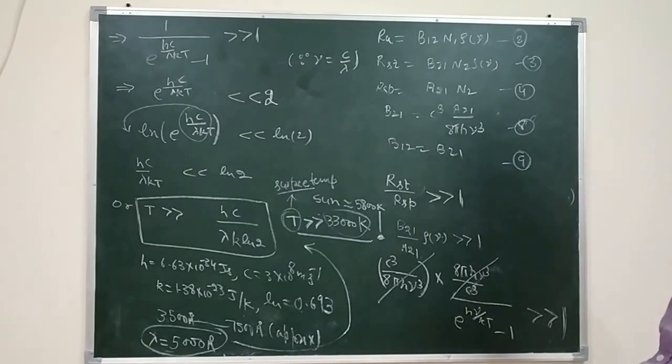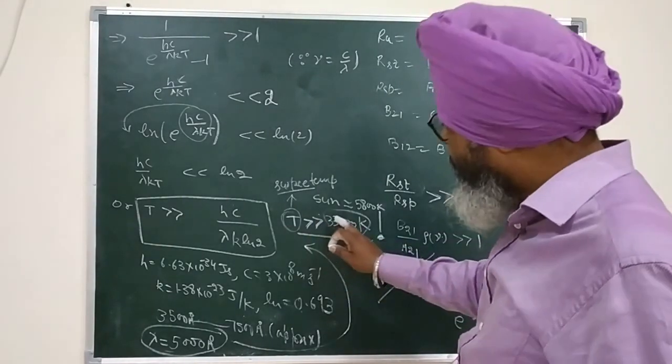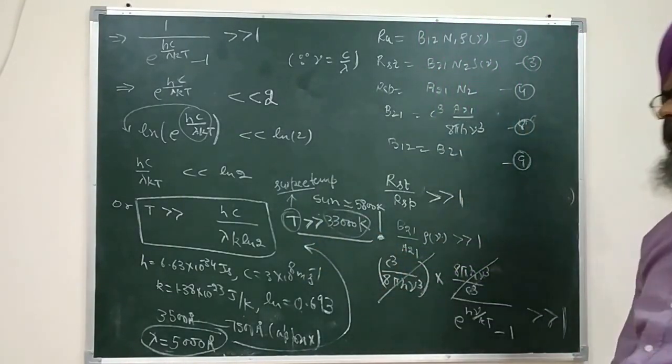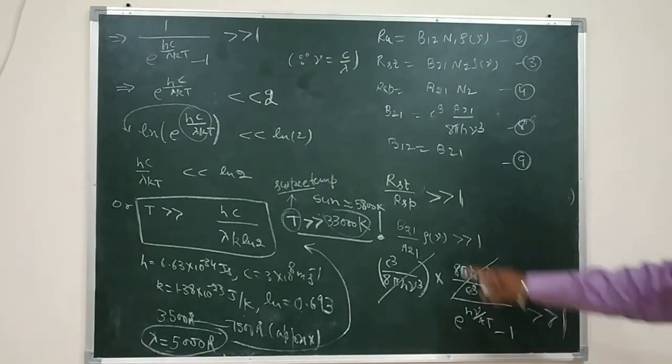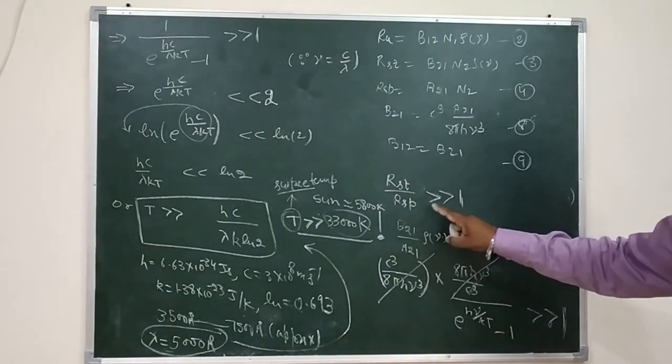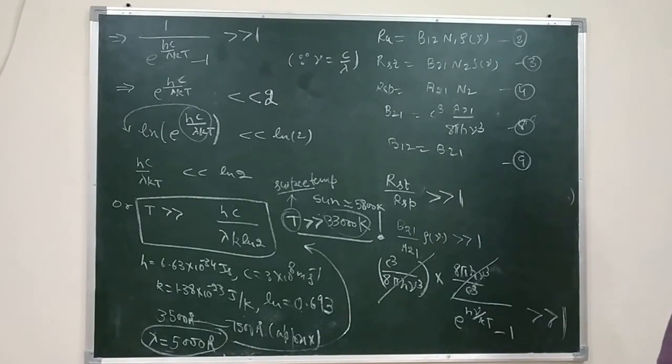So therefore we can conclude that the natural sources of light like all stars or sun will not be emitting stimulated radiation. Spontaneous emission is dominant. For them this T is much smaller than 33,000 Kelvin. Therefore this ratio which we want, RST upon RSP, to be much greater than 1 is actually much smaller than 1 for natural sources of light.